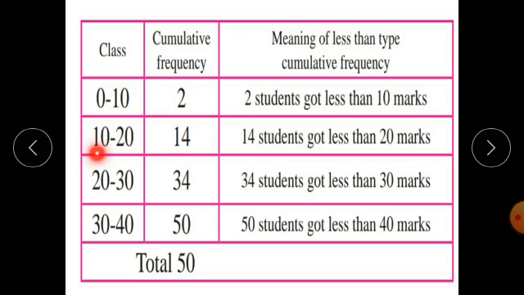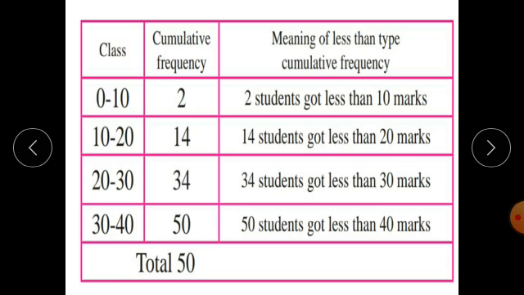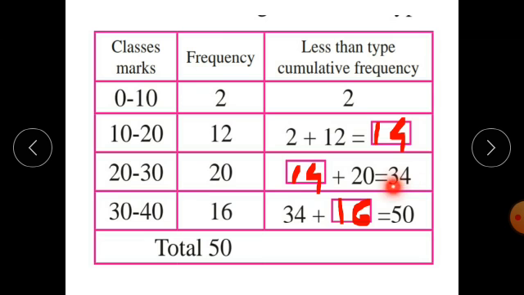For the class 10 to 20, cumulative frequency is 14. So, the meaning is 14 students got less than 20 marks. Now, for the class 20 to 30, cumulative frequency is 34.